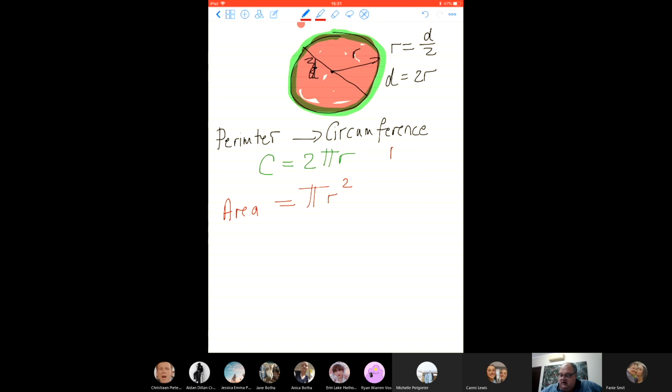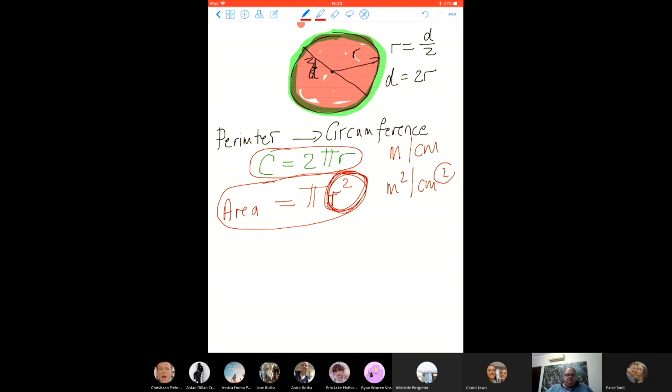The circumference is in meters or centimeters or whatever. The area is in square meters or square centimeters and so on. You need to know these formulas. That is the perimeter and that is the area. Remember, the area is the one that's always squared, because that's how you get the square on the units as well.